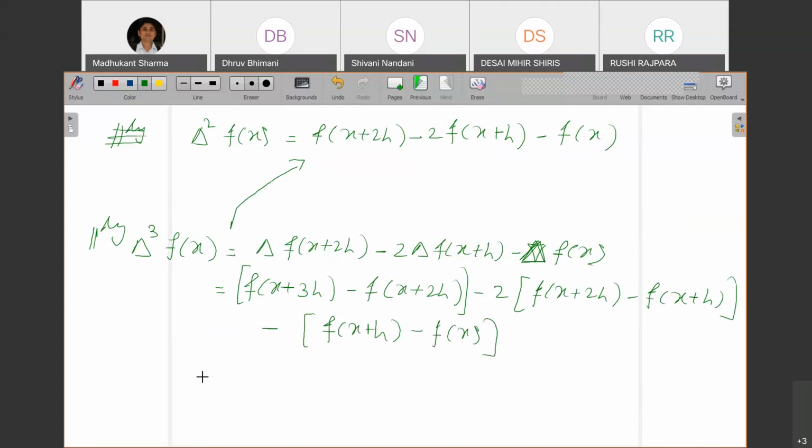Now, what is it if we write it in simple form? f of x plus 3h. Now, f of x plus 2h with the negative sign, minus here and minus 2, so that is equal to minus 3 f of x plus 2h.